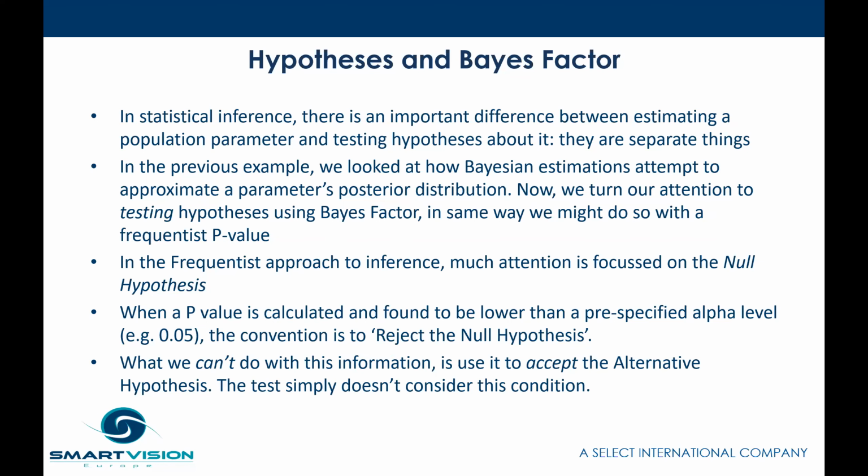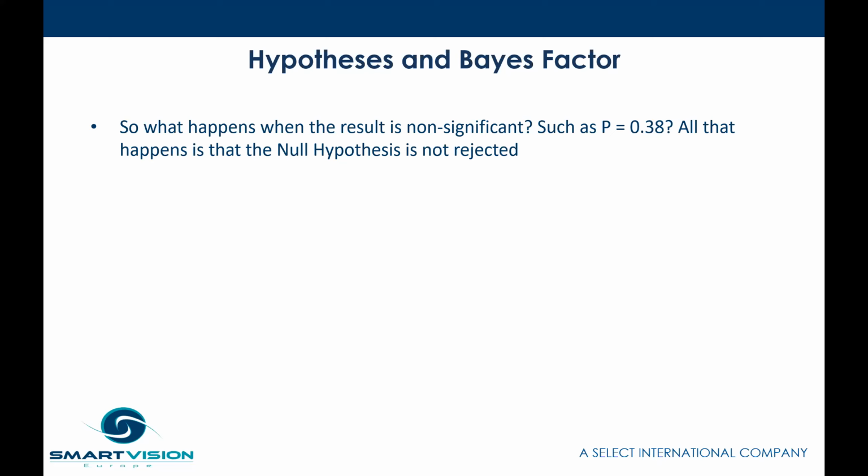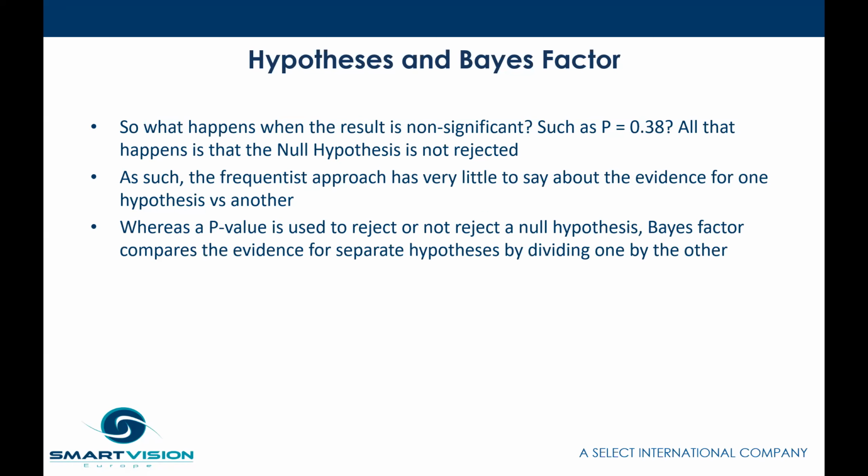What we can't do with this information in the frequentist world is use it to accept the alternative hypothesis. This test simply doesn't consider this condition. It's purely one-dimensional. So what happens when the result is non-significant, such as p equals 0.38? All that happens is that the null hypothesis is not rejected. As such, the frequentist approach has very little to say about evidence for one hypothesis versus another.